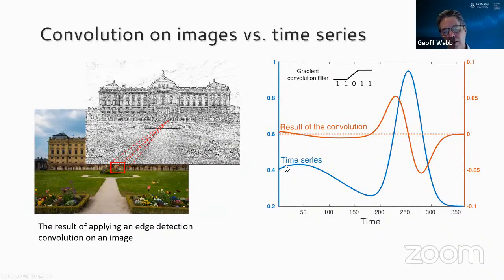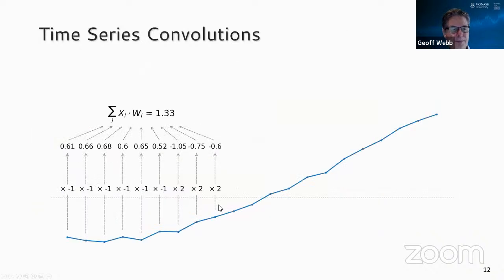So here we have an underlying time series, and this is the result of applying a gradient convolution. Let me explain this in more detail. Here we have a convolution with 9 elements. It is simply 6 negative ones followed by 3 twos.